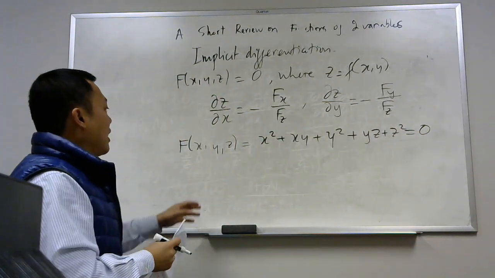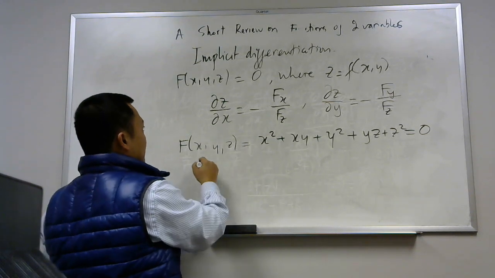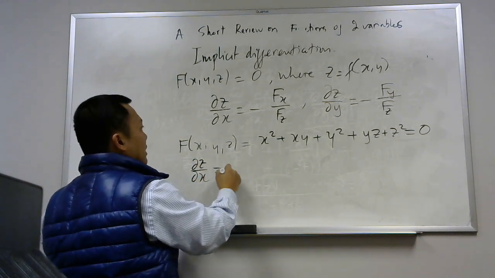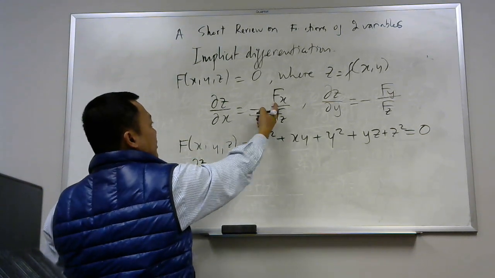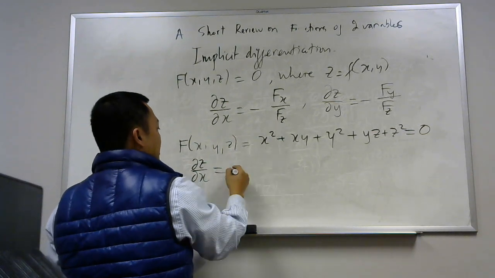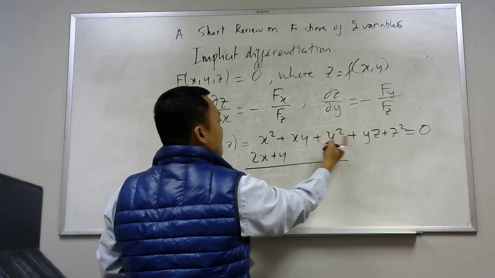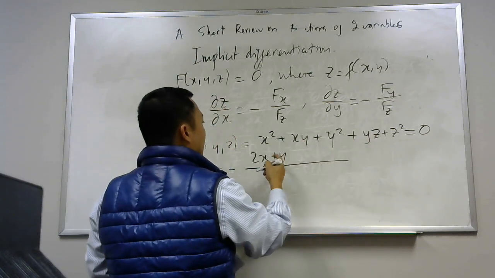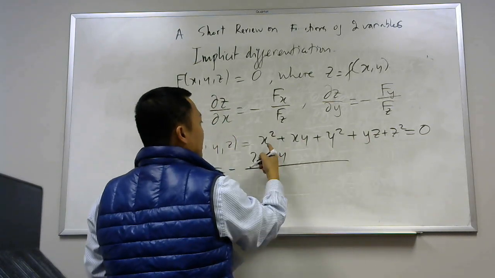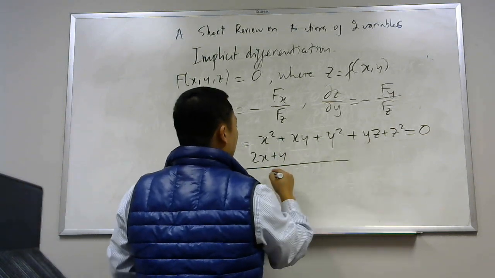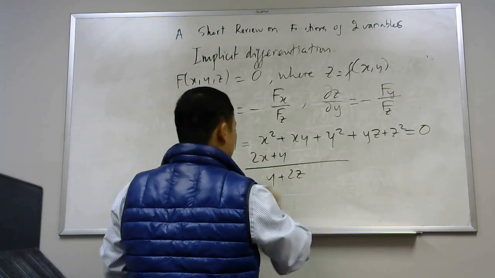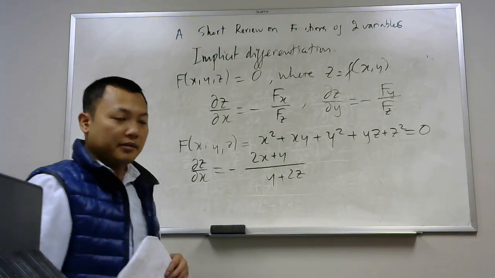Let's take the partial derivative of z with respect to x. That is negative the partial derivative of this function with respect to x, which is 2x plus y, and fz, the derivative with respect to z, is y plus 2z. You see, it's pretty easy.